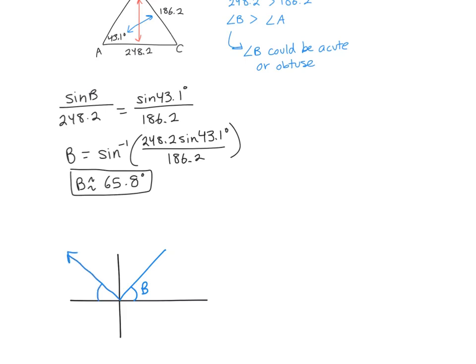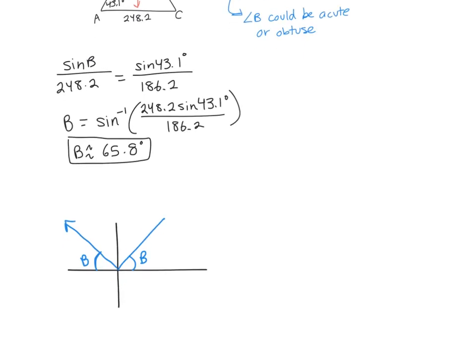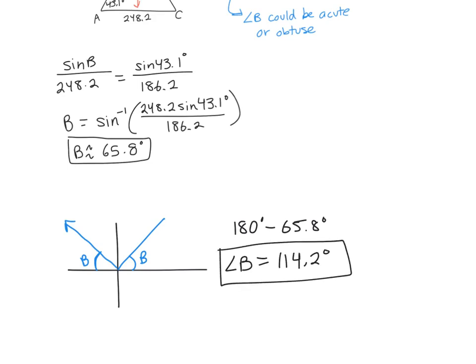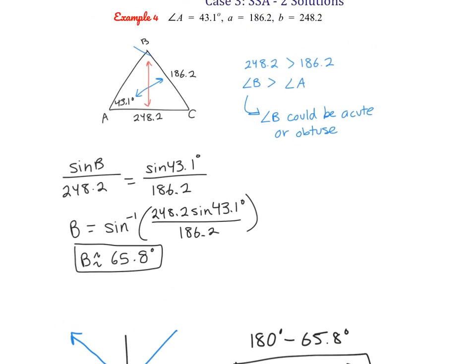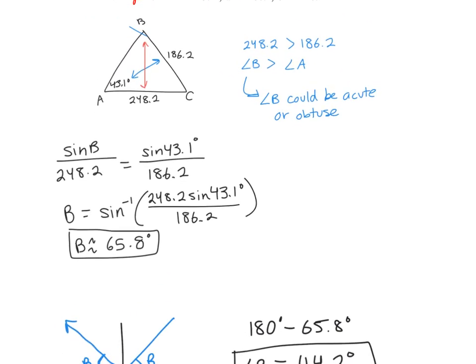So we're actually going to use B as our reference angle to find the other value for B. So we're going to do 180 minus 65.8 to give us the other possibility for angle B, which is 114.2 degrees.